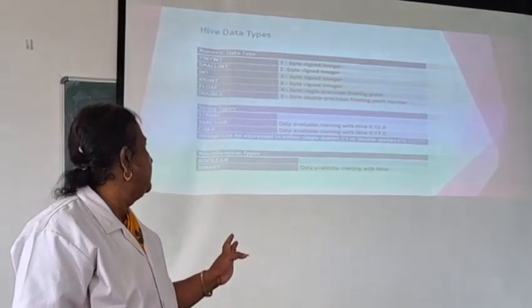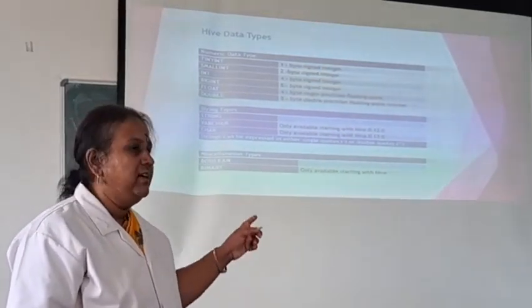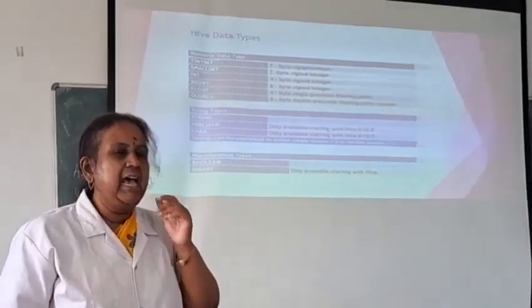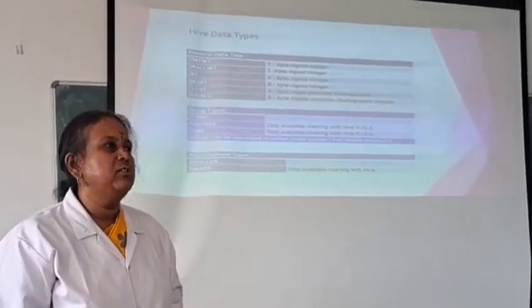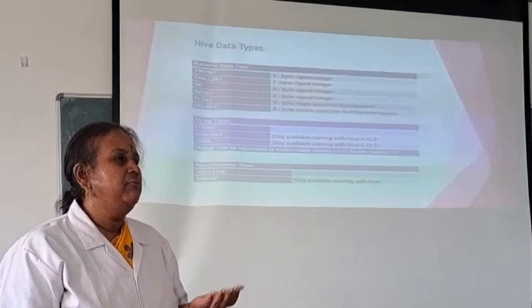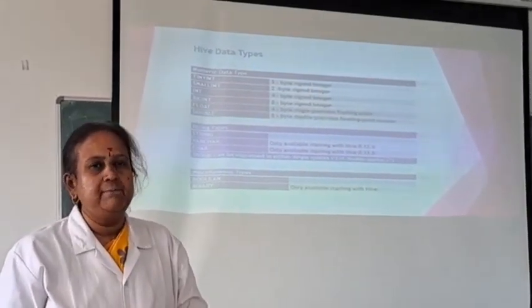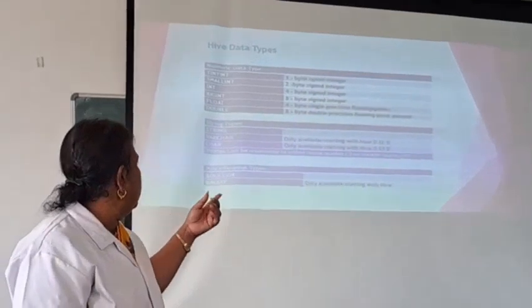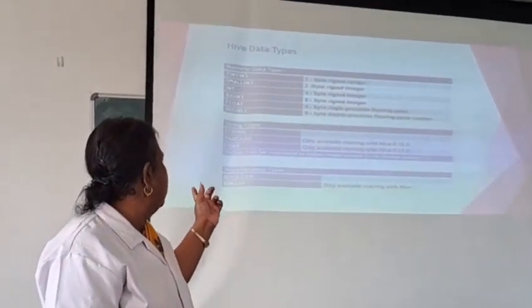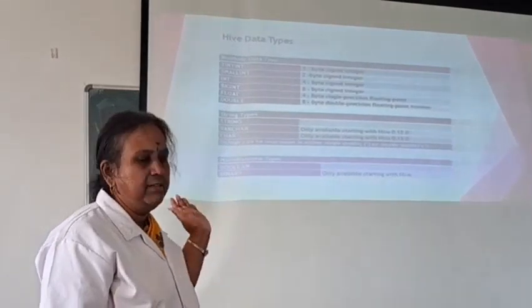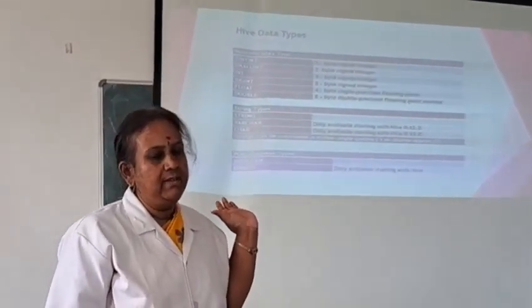Then you have a string type. Based on the version, the types could vary. We know that Hive 0.10 was the initial version, then it moved on to 2, then on to 3. You all know all these basics, and miscellaneous comes under your Boolean and binary.